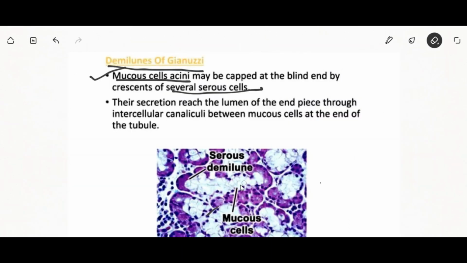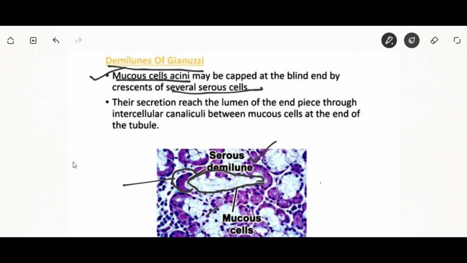Demilunes of Giannuzzi. The mucous cell acini may be capped at the blind end by a crescent of several serous cells known as demilunes of Giannuzzi. Since they are in the shape of a half moon, they are termed demilunes.